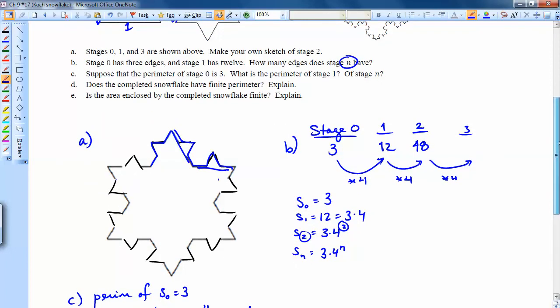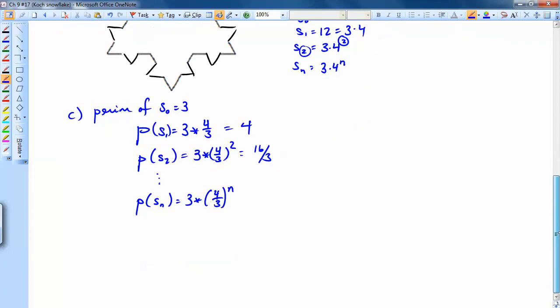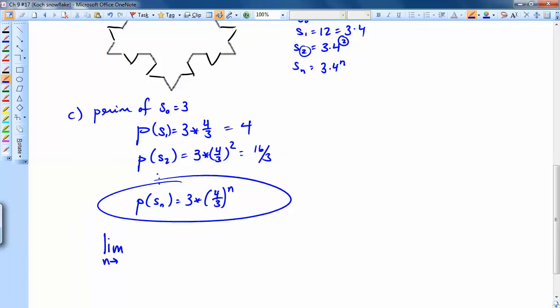Right. Does the completed snowflake have finite perimeter? Well, here's the perimeter for the general, right? So it's asking what happens when n goes to infinity to the perimeter. Well, notice here, that's bigger than 1, right? If I raise that to a massive power, like 1 billion, that number explodes.